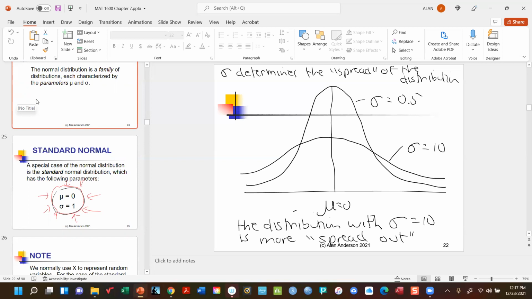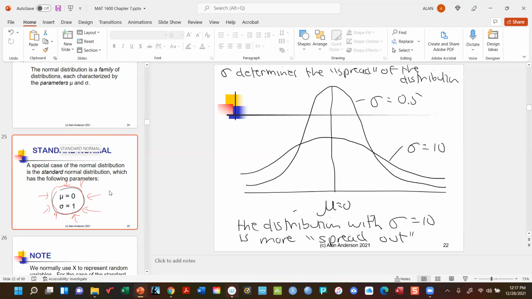And that is the case of the so-called standard normal distribution. All right, and so what separates it from all the rest of them is that it is so useful that the tables that we'll be using are based on this so-called standard normal distribution.